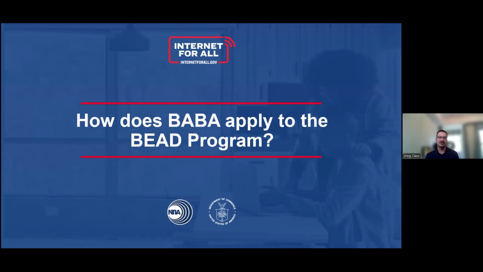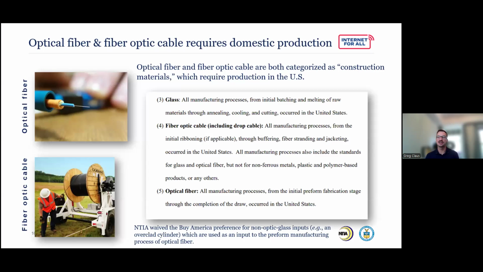So exactly how does BABA impact the BEAD program? All this information is available online, and I will make sure Devin has the resources you can look through more closely. So the big takeaway is that optical fiber and fiber optic cable do require domestic production.